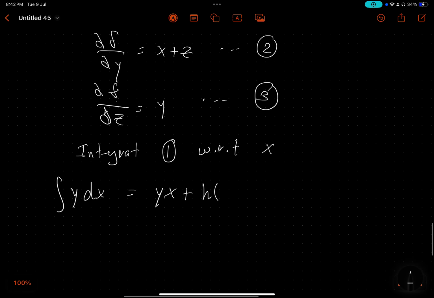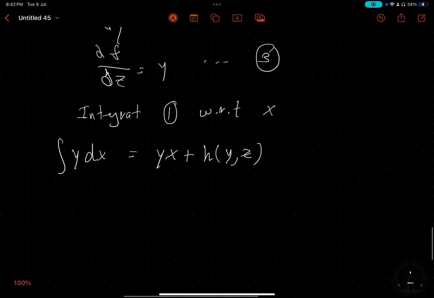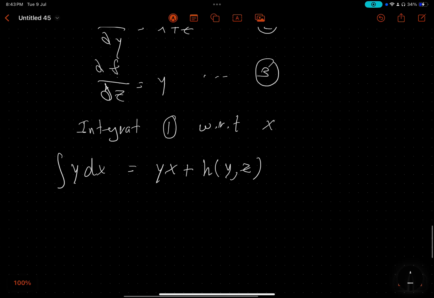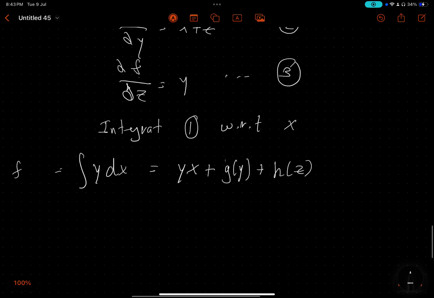So we're gonna have h of y, z. Now this is gonna be a function of two variables, y and z. And in order to find these two functions, we're gonna need to do the same thing as we did before. Okay, or also we can do something like g of y plus h of z. Okay, that's our f. So we need to find both g of y and h of z.